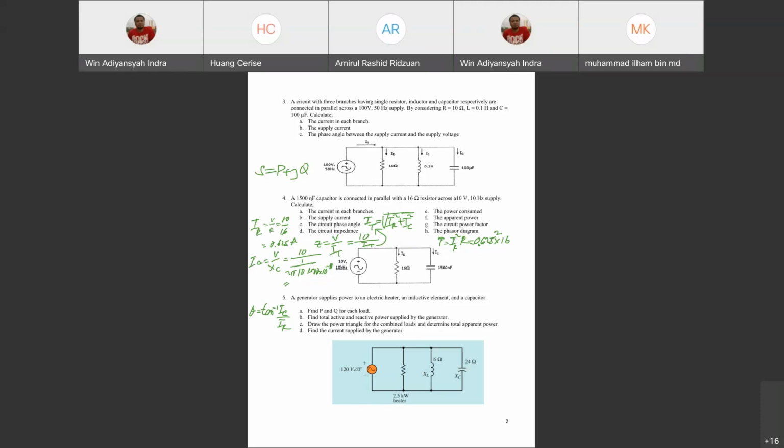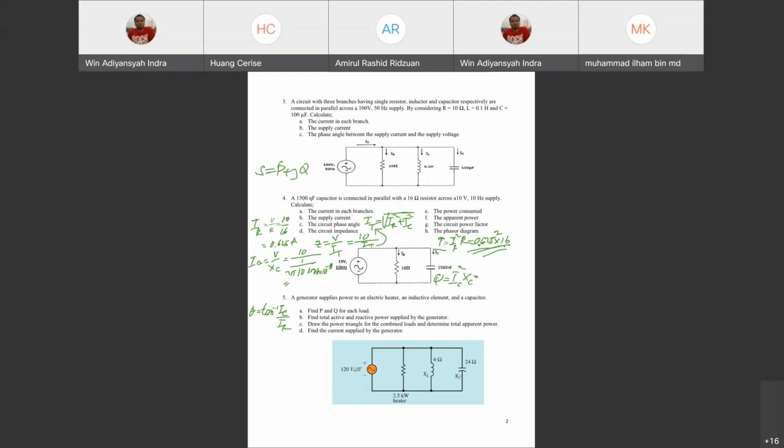We already have P. Now we need to find Q, the reactive power, the power that involves the reactance, the capacitor in this case. So Q equals IC squared times XC.